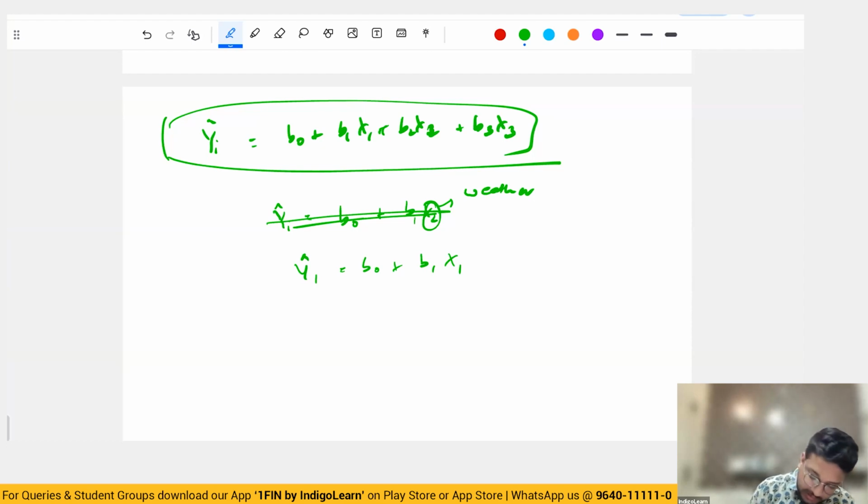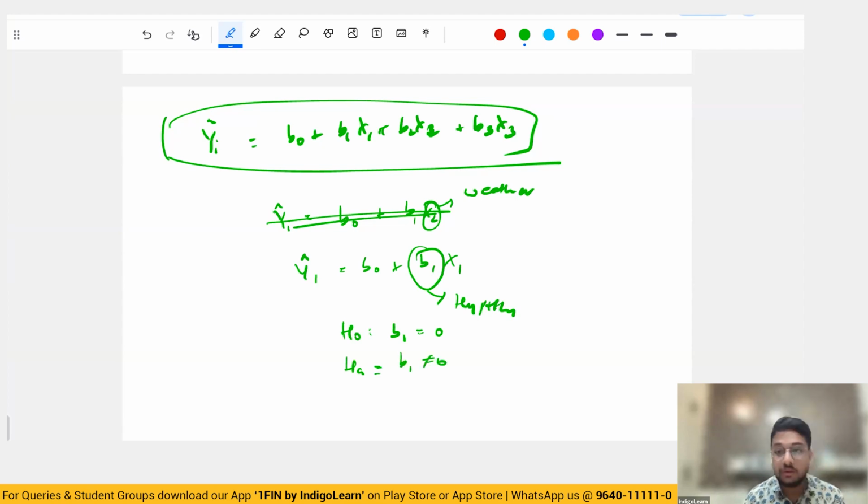Okay. So in that case, I'll try to test the hypothesis that my H naught would be B1 equal to 0, and my alternate hypothesis would be that B1 is not equal to 0.